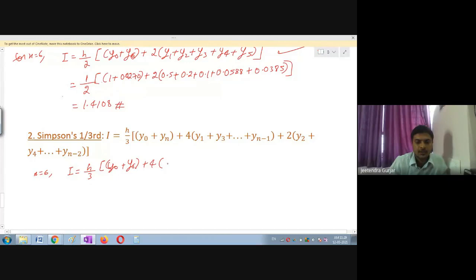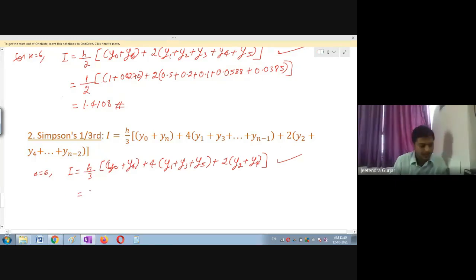The odd terms in y0 to y6 are y1, y3, y5. I cannot take y6, I have written it already, and y7 is not there. Plus 2 times the even terms, that is y2 plus y4. Again, y6 I cannot take because I have written it already. So this is complete. This formula you have to write in the exam. Please remember, marks are allotted for this.